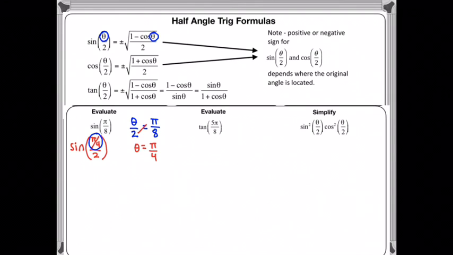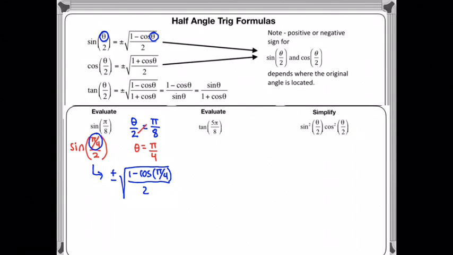So let's do that. I'm going to go plus or minus and start rolling out the formula as it states: 1 minus cosine, and I know that theta is pi over 4, all over 2.